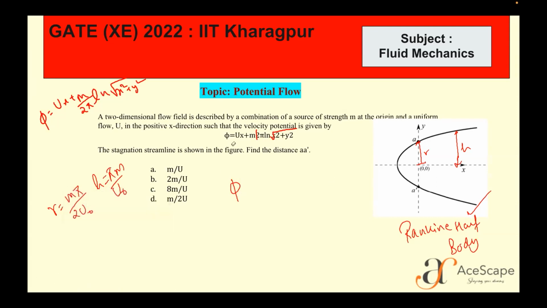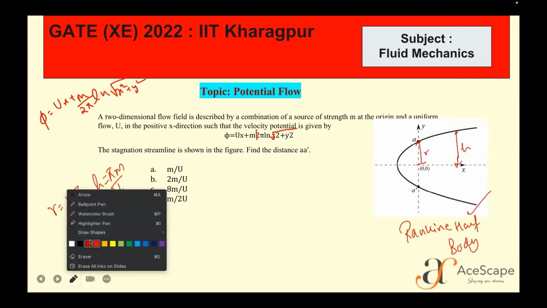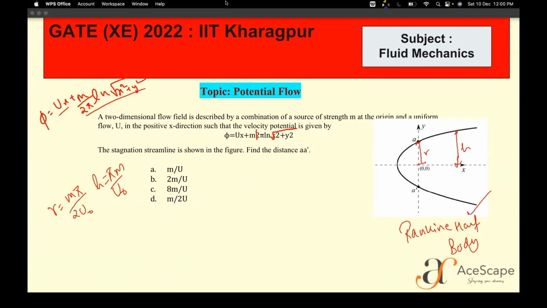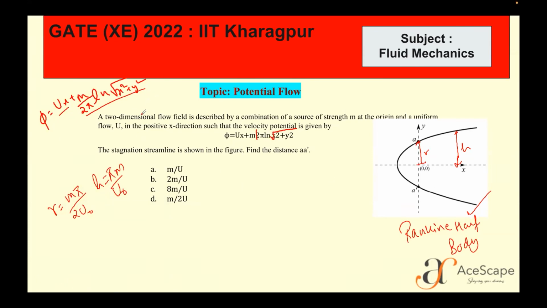Even if the diagram was not given, this equation is essentially uniform flow plus a source flow, and source flow plus uniform flow makes a Rankine half body. You can identify it from the velocity potential function equation as well.